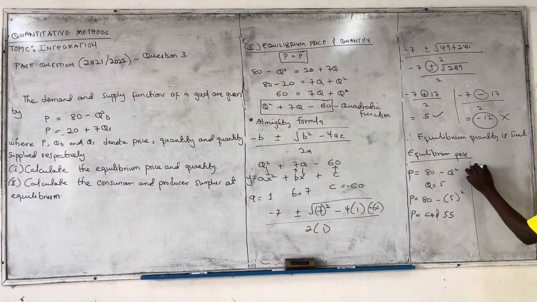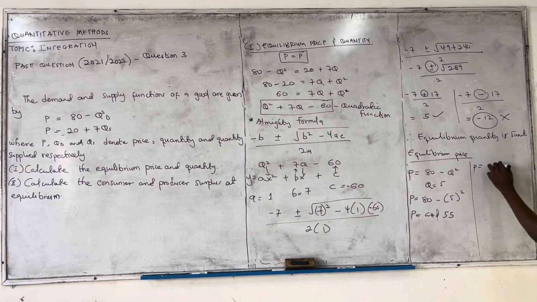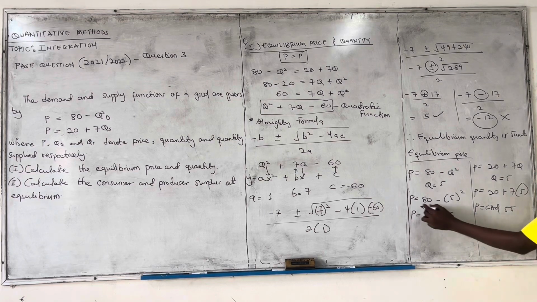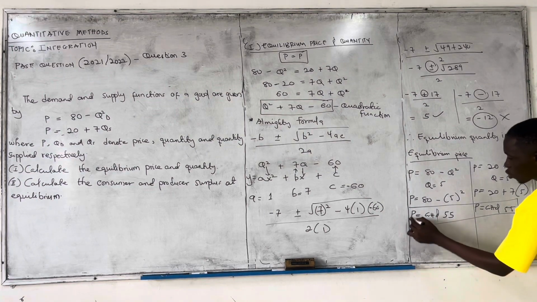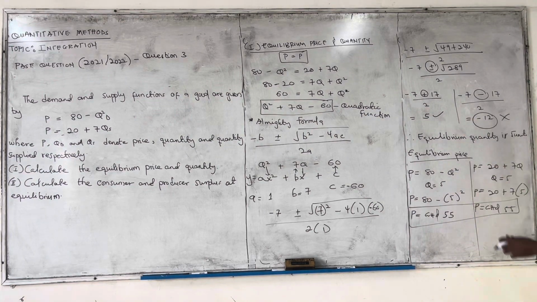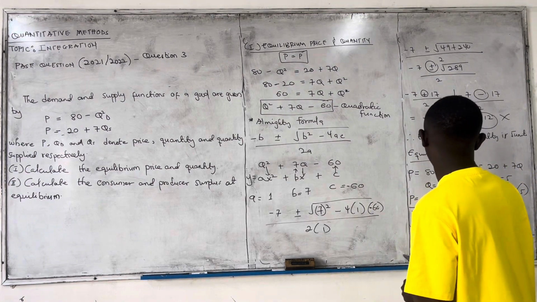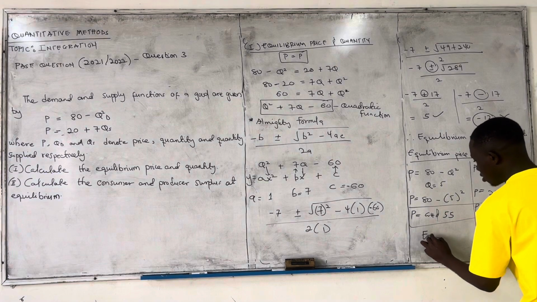The second price is 20 plus 7Q, Q is also 5. So P is equal to 20 plus 7 times 5, so P is also 55. We should always have the same price when you fix the quantity into their corresponding price function. So the equilibrium price is 55.